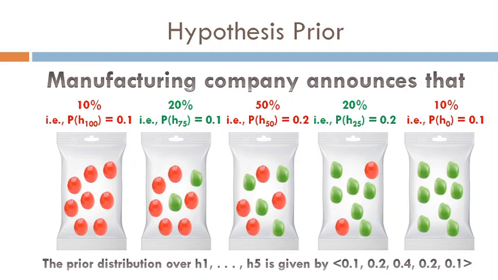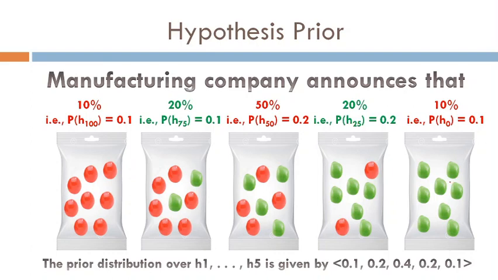Then 75% cherry bags are 20%, 50% cherry bags are 0.4, and 25% cherry bags are that means probability 0.2.